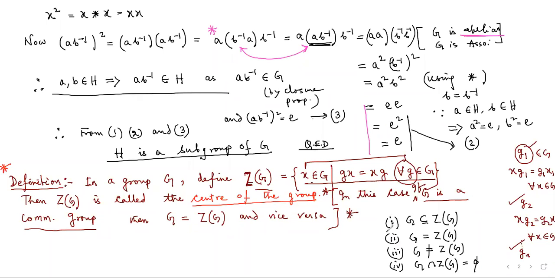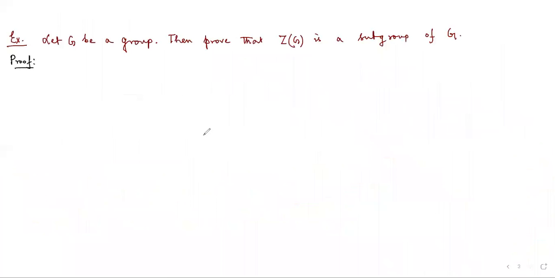Now you have to choose the appropriate answer from this. If you do not know this definition, then you will not be able to answer it correctly. Similar is the case with this one also. So these problems are very important.